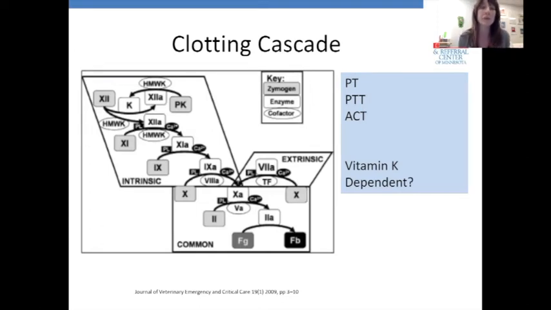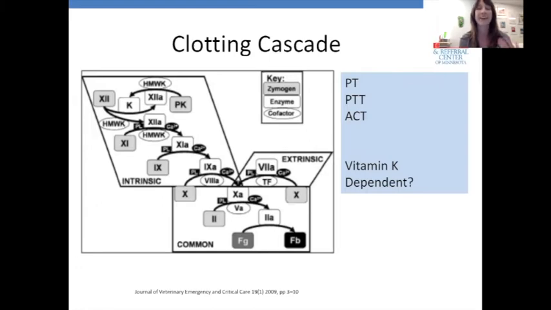And I think the best example of why the clotting cascade may not be 100% explanatory when referring to clotting is that if you take factor 12 out of the animal, for example, if you've got a cat that has a factor 12 deficiency, and there's factor 12 way up here at the very top, that's also called Hageman factor. A factor 12 deficiency does not cause clinical bleeding at all.